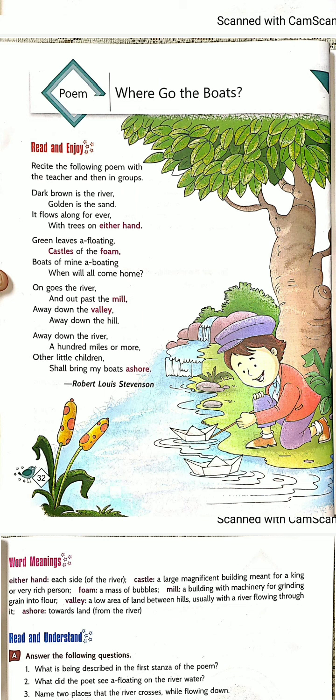Foam, children, is a mass of bubbles created by the river. So when the foams are created by the river, they just look like a castle. A castle is a large, wonderful building where a king or a rich person lives.